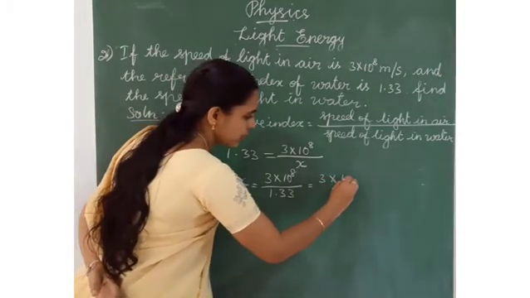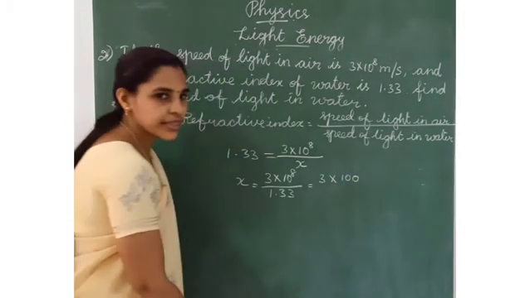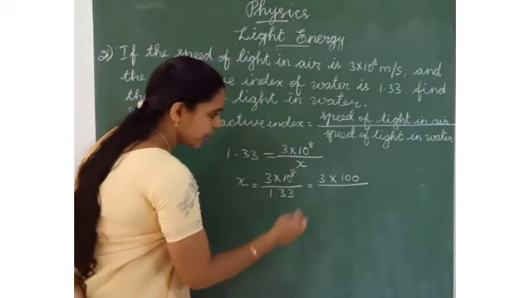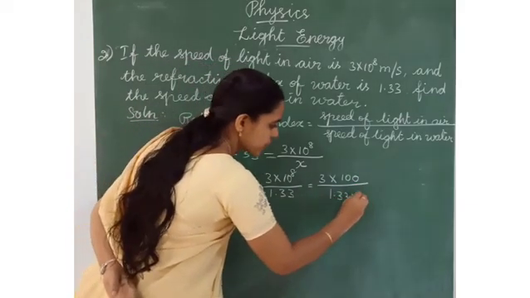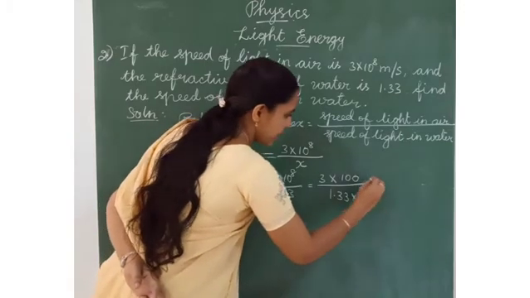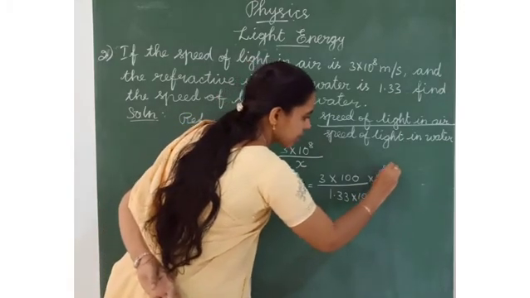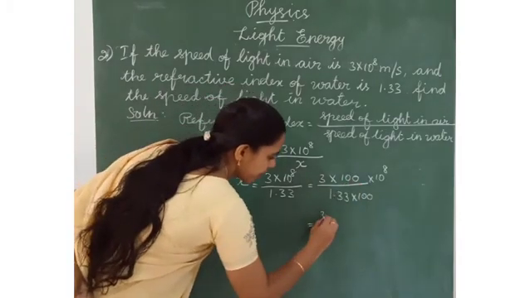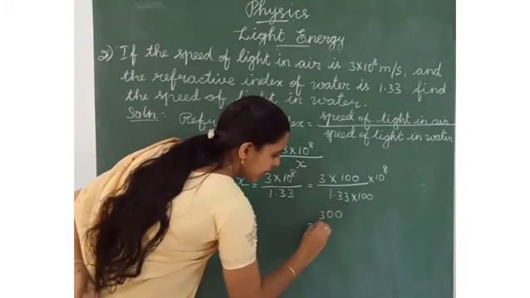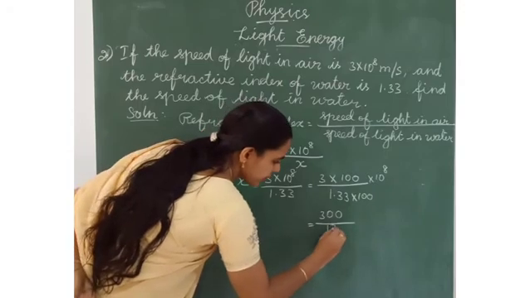We have to multiply with 100. 3 into 100 over 1.33 into 100, into 10 power 8. Then 3 into 100, 300, divided by 133.